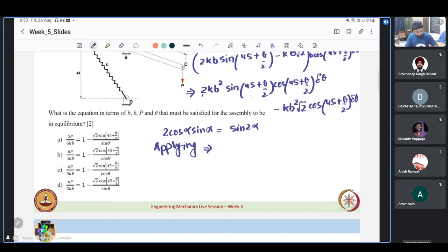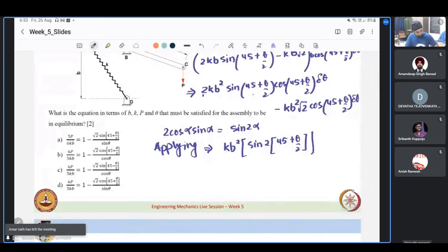We have a 2 here, we have sine theta cos theta, so it will be kb squared into sine 2 alpha. Alpha is 45 plus theta by 2, and let the rest of the thing be as it is. So I won't write it again.